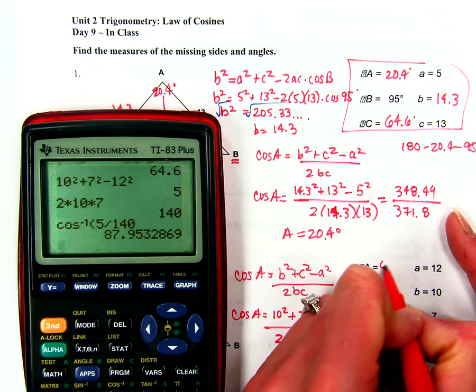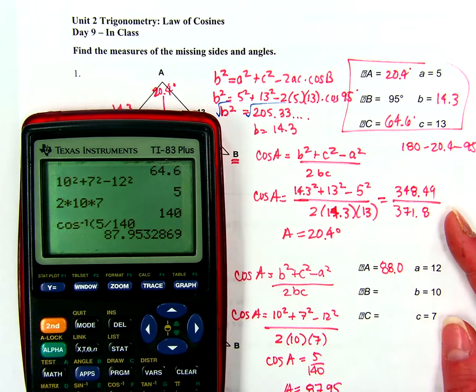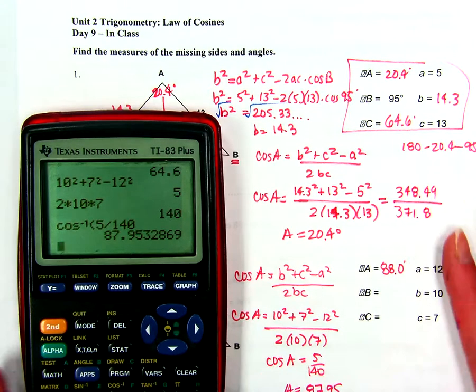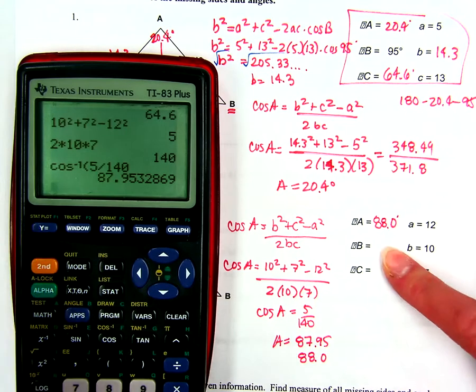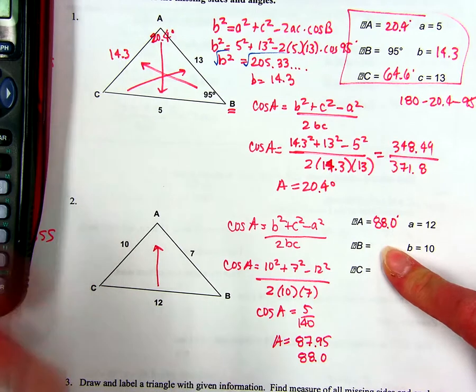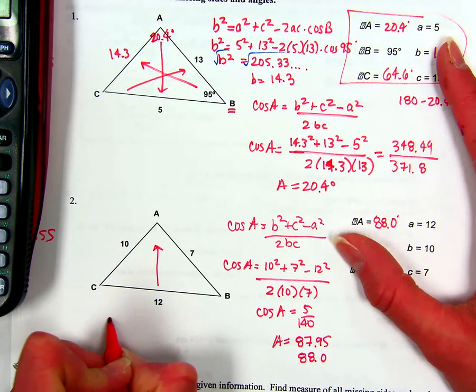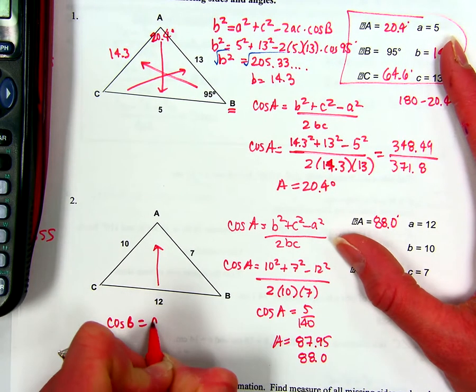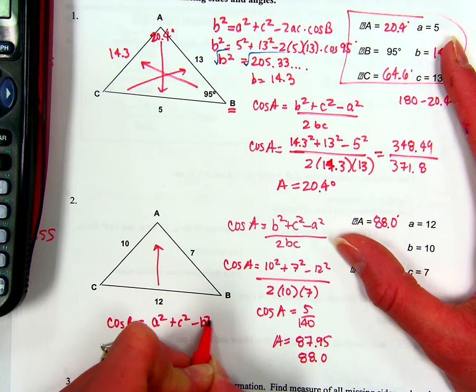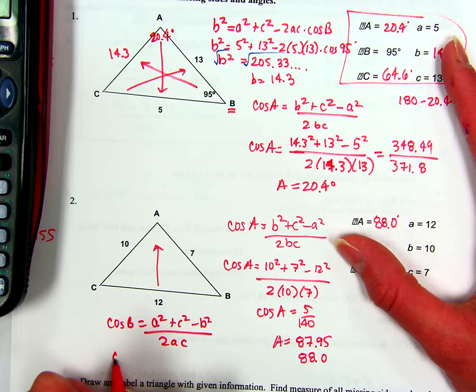All right, so I need to use law of cosines one more time. I'm going to find just angle B because that's next. If I want to find angle B, I'm going to use the cosine of B formula: A squared plus C squared minus B squared over 2AC.